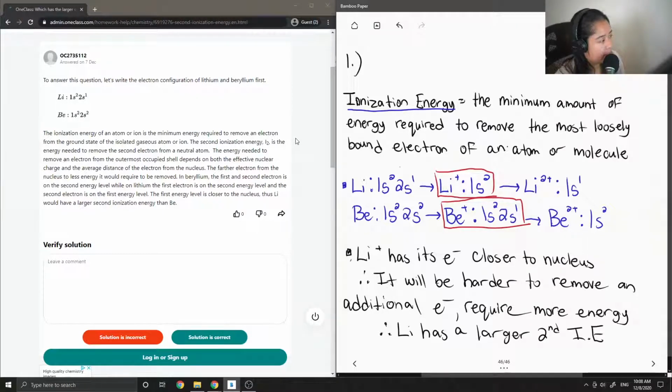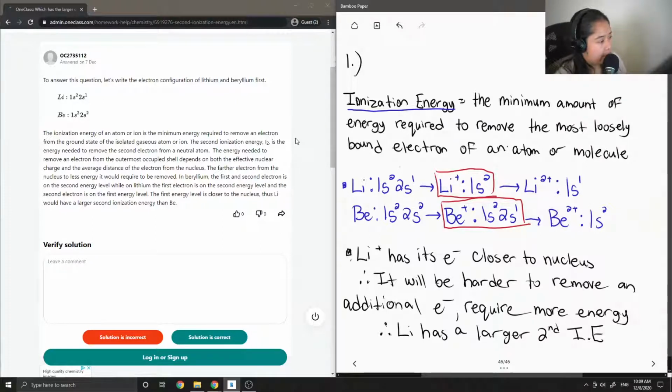The energy needed to remove an electron from the outermost occupied shell depends on both the effective nuclear charge and the average distance of the electron from the nucleus. The farther the electron is from the nucleus, the less energy it requires to be removed.